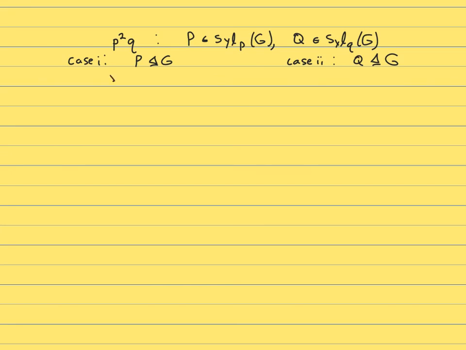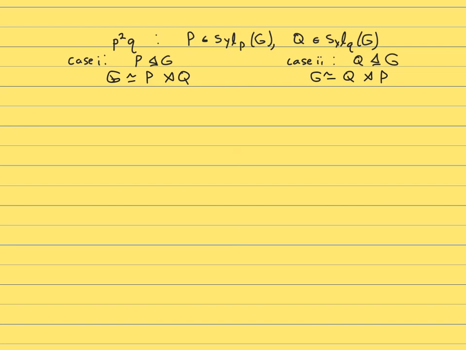So no matter what, either G in this case is a semi-direct product of P with respect to Q, and in this case, G is a semi-direct product of Q with respect to P. And obviously there are cases where it's just a direct product.